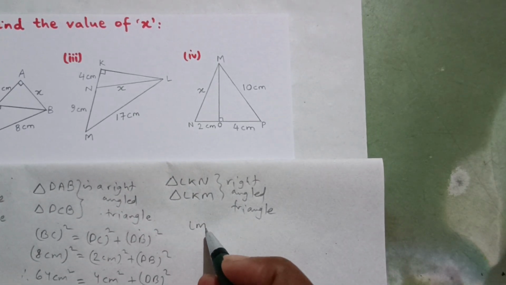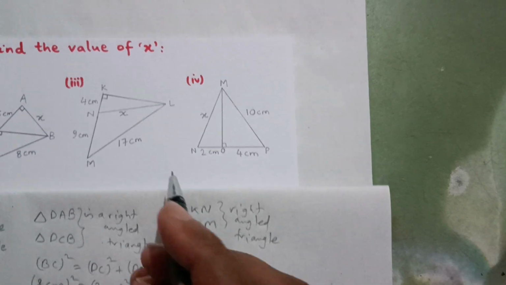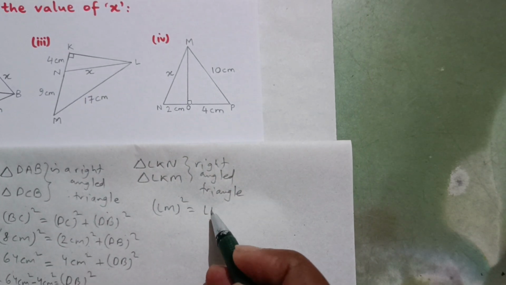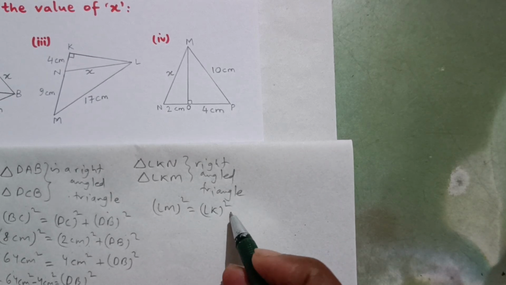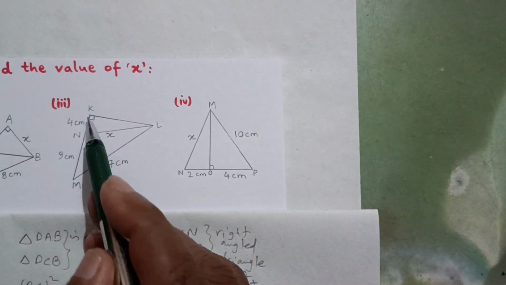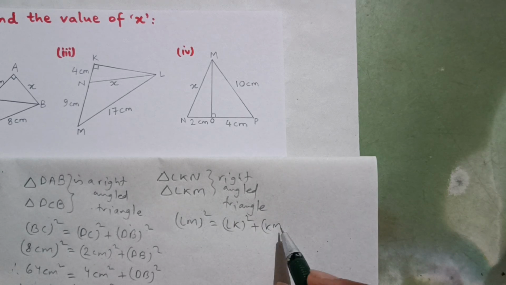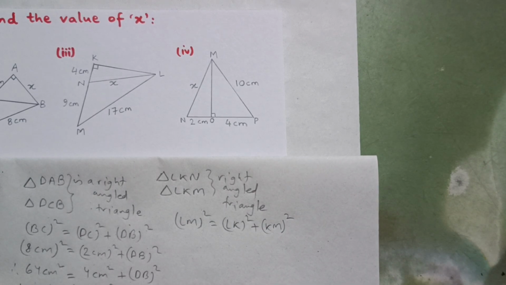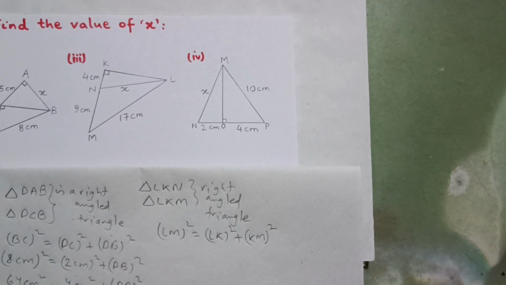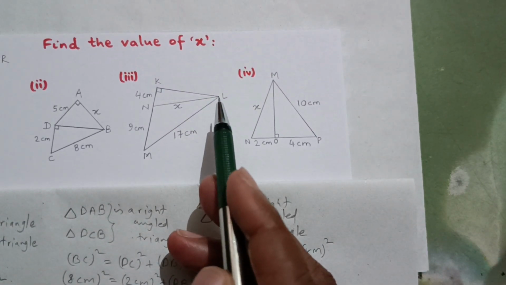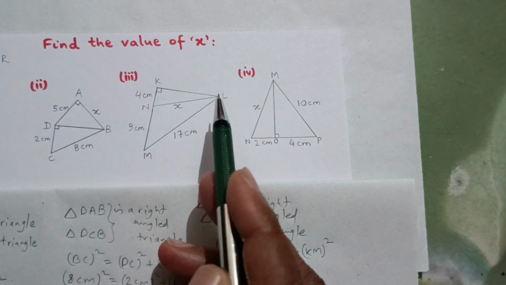So LM whole square is equal to LK whole square plus KM whole square. We are applying Pythagoras theorem to the triangle LKM.